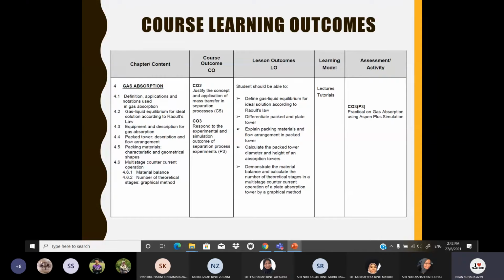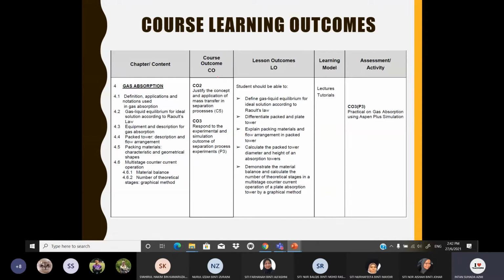This one is similar to what you learned in LLE, liquid extraction, and also distillation. You will find the stages by using the graphical method. This is the last subtopic you will learn.